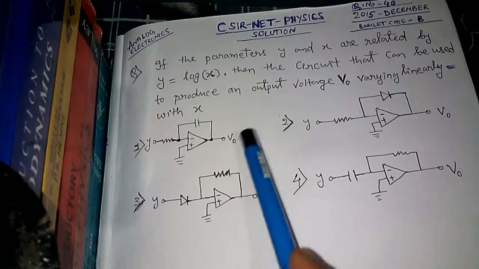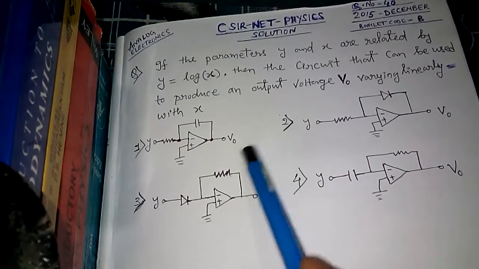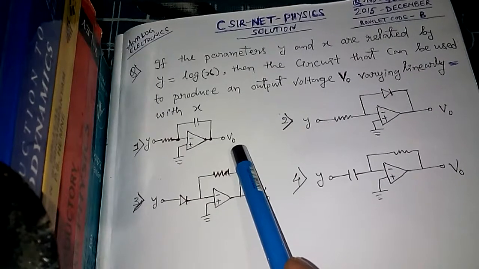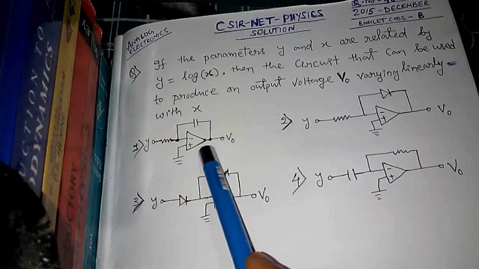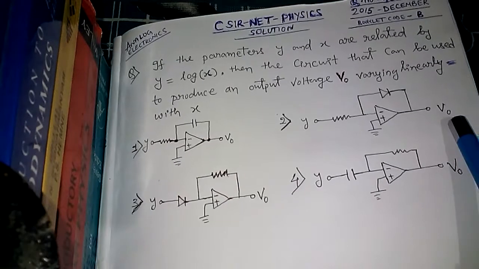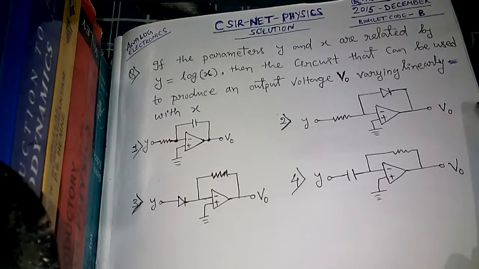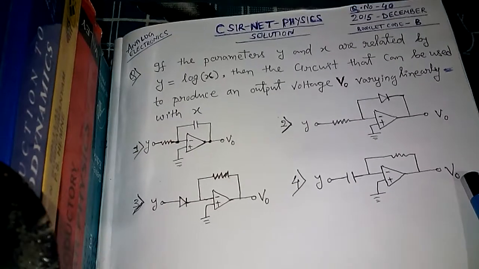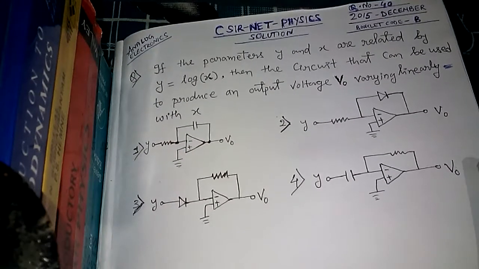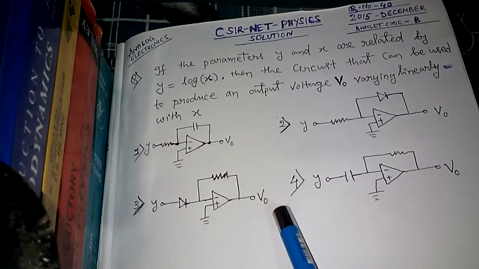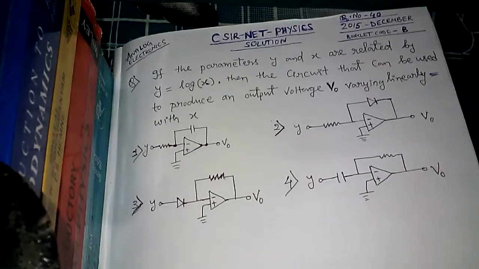Also remember that here the operation is integration of the input, but there is also a gain, a scaling factor, because whenever you use an operational amplifier there will be a gain. So here also it is the operation of logarithm on the input, but there is a gain. Here also there is a gain, so the output is gain times the derivative of the input, and here the output is a gain times anti-log of the input.